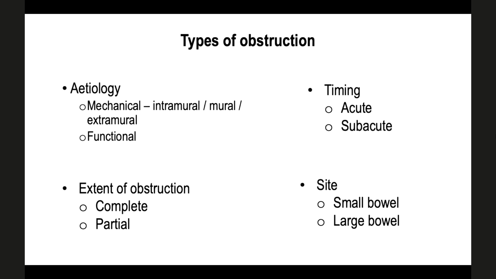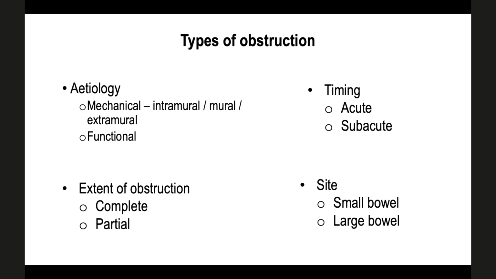Mechanical obstruction may be within the lumen of the bowel, like a bezoar, or rarely something called gallstone ileus. It can be in the wall, like a malignant growth arising from the wall, or thickening or strictures. And it can be extramural, which means there may be a band or an adhesion, or another adjacent organ compressing the bowel and preventing passage of intestinal content.